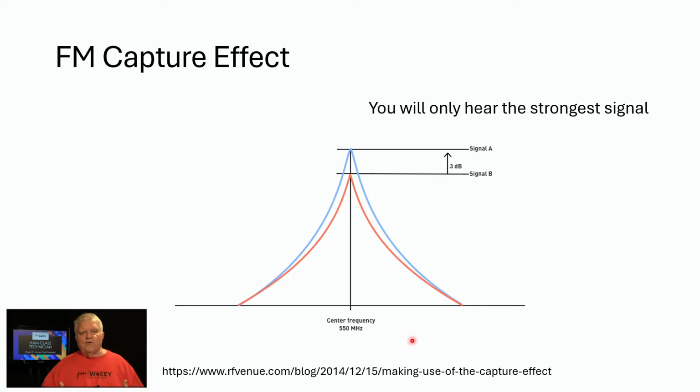You'll only hear the stronger signal, which is one reason why aircraft still use amplitude modulation on their radios. In that case they can be on a common frequency and you'll hear multiple signals and be able to at least note, oh, there's another signal coming in. With FM, it just wouldn't be heard because of the discriminator in the receiver.